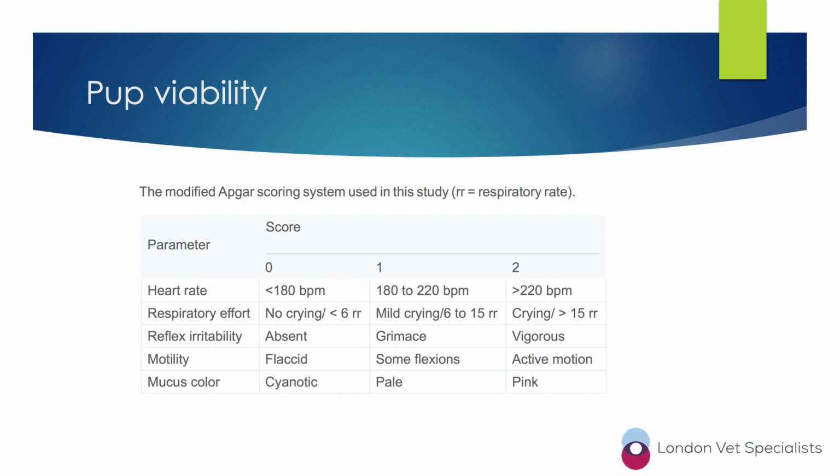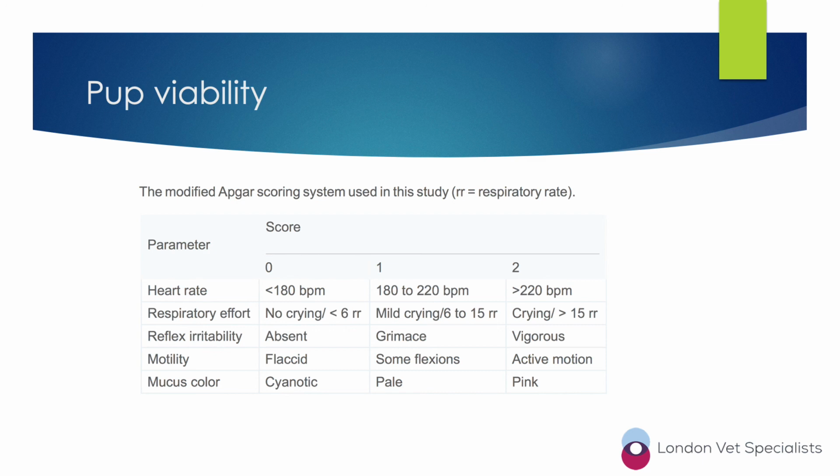The pup viability can be measured based on this modified APGAR score. So, looking at the heart rate, respiratory rate, and how vigorous the animals are in response to a stimulus such as pinching the leg, it can give an idea of how viable they are and whether they're likely to run into problems or not.